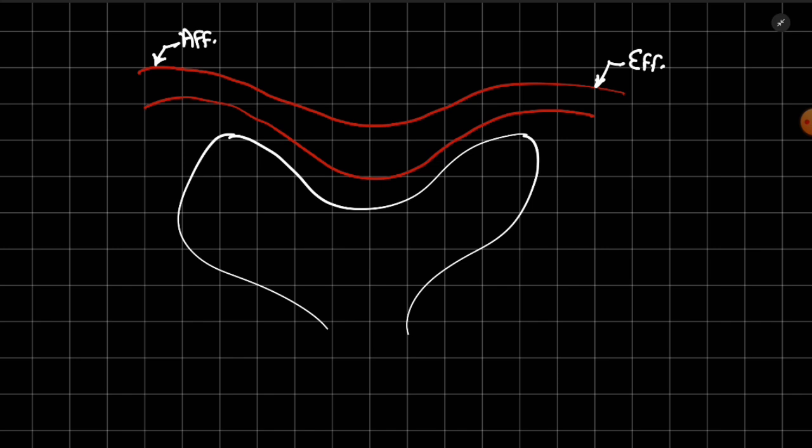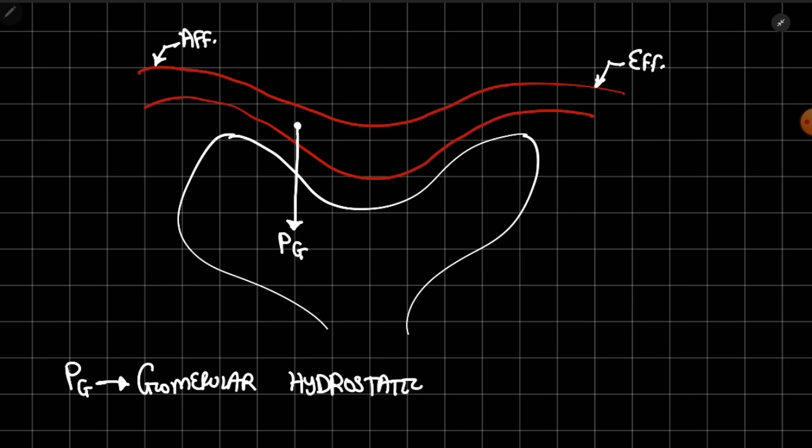So what are the determinants of GFR? The blood is flowing through the blood capillary, and the blood contains fluid, so the fluid will exert a pressure. The direction of the pressure will be towards the Bowman's capsule. Let it be PG, which corresponds to glomerular hydrostatic pressure, the pressure due to fluid.